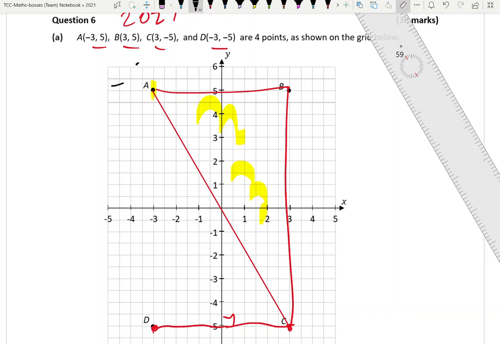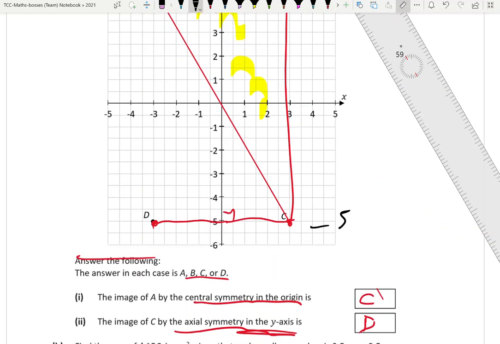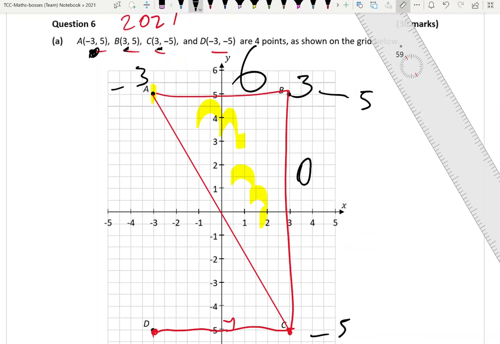This is at -3 and this is at 3, whereas B is at 3, so 6 is the centimeter side length. And similarly, we're going from +5 to -5, so 10 is the centimeter height.